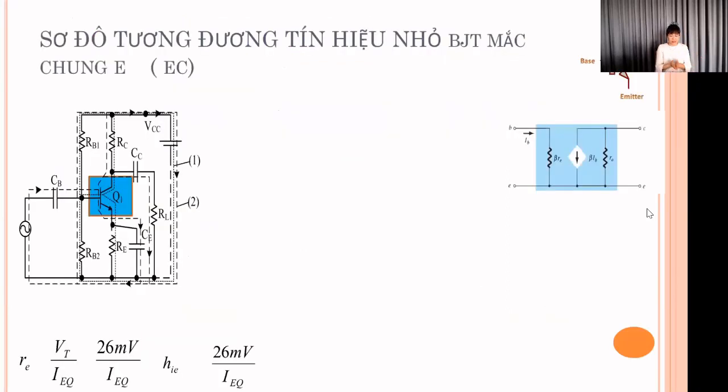For example, given this circuit, of course, last time I introduced you a little bit about this, right? And now you write down for me. This is the equivalent circuit with the common emitter configuration. Please write it down.